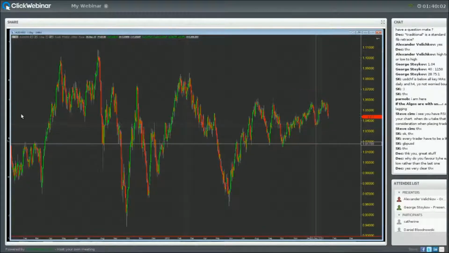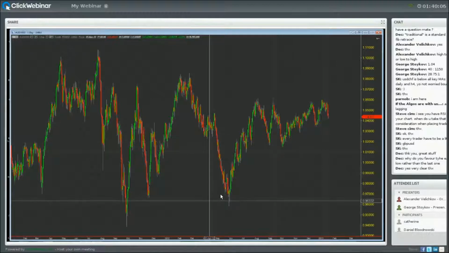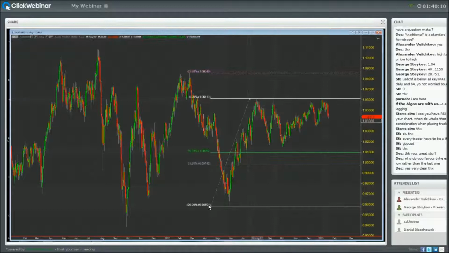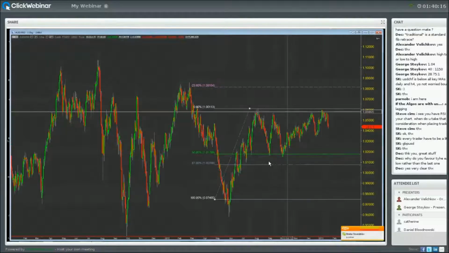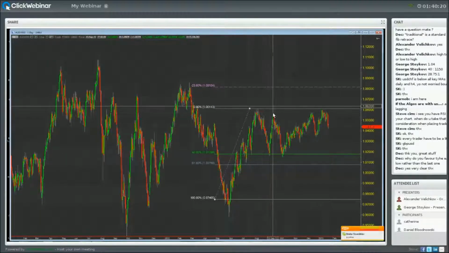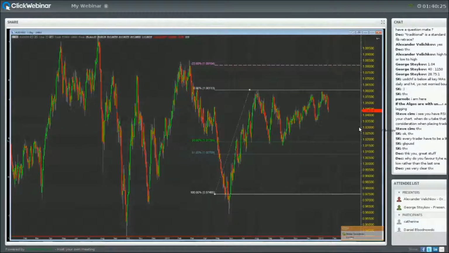Okay, what I have on my daily graph is a full halfway back, which is a bit awkward. As you can see, it traded 2 times over here. There was a retest.